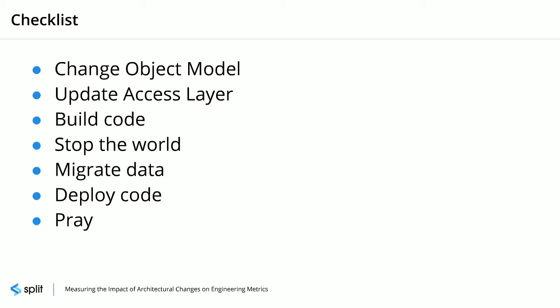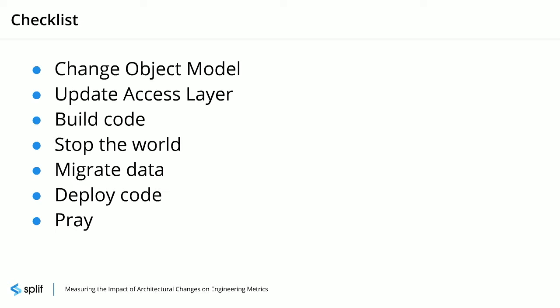Now, in the traditional model, there's a lot of things that go into that process. First, you have to go in and change your object model to be able to support the new database layer. You have to create and update the access layer in order to integrate with that new system. You need to build that code up into a deployable executable.